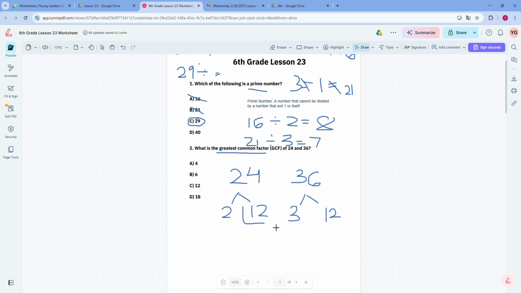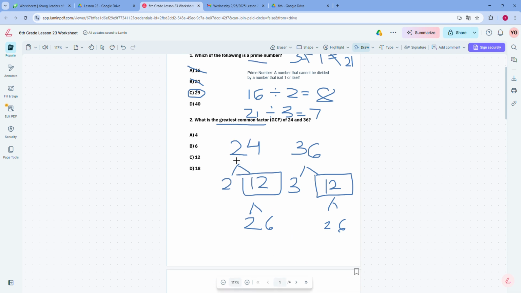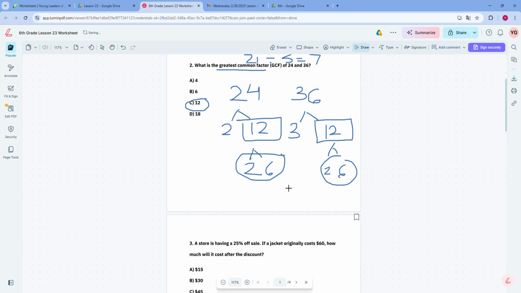So you can see that 12 is the greatest because if you factor that again, you're going to get 2 and 6, and that's obviously smaller than 12. In case you factor out everything, you can just find numbers that they have in common and multiply them, and that's going to get you your greatest common factor as well.